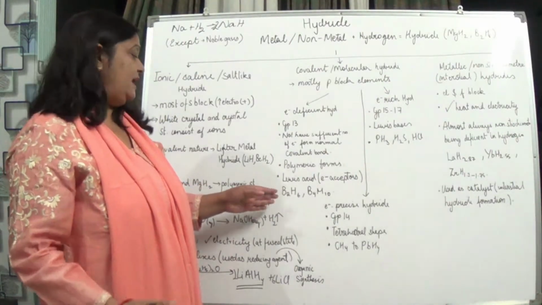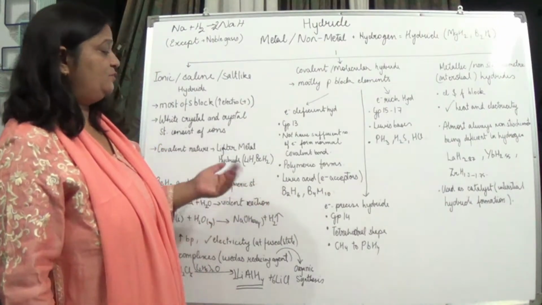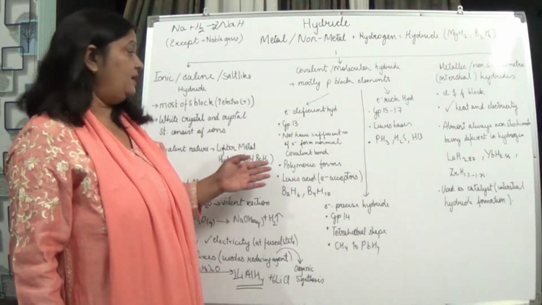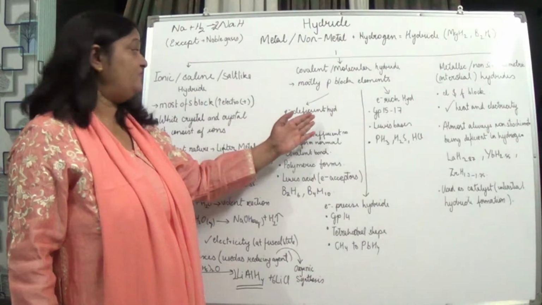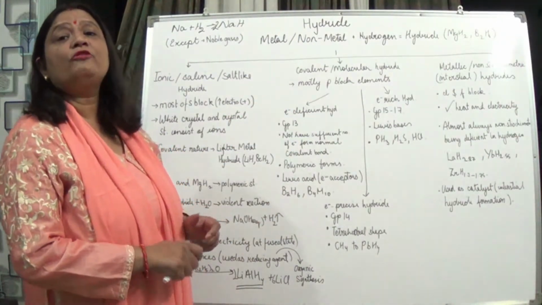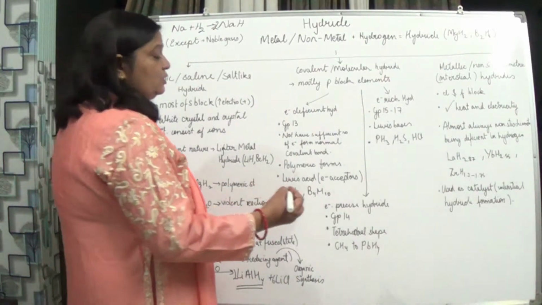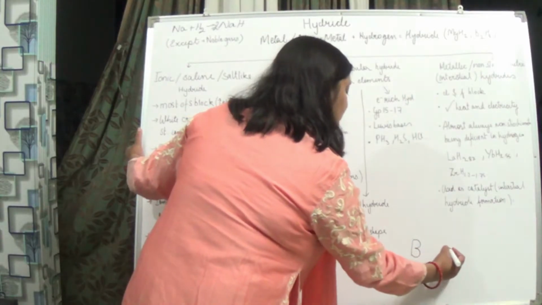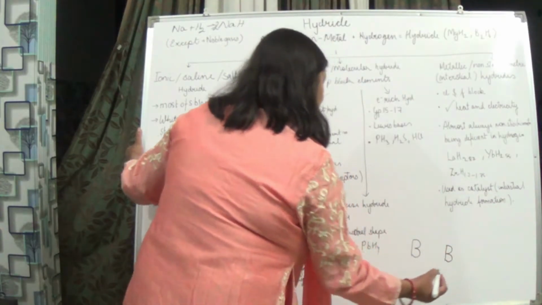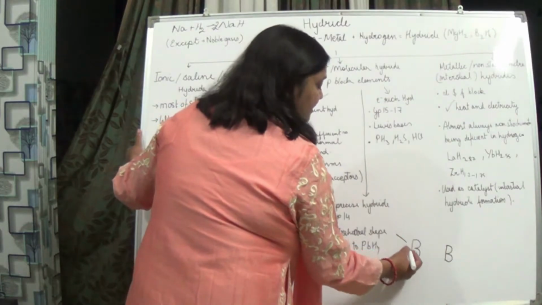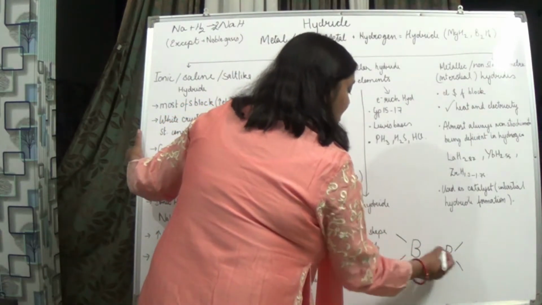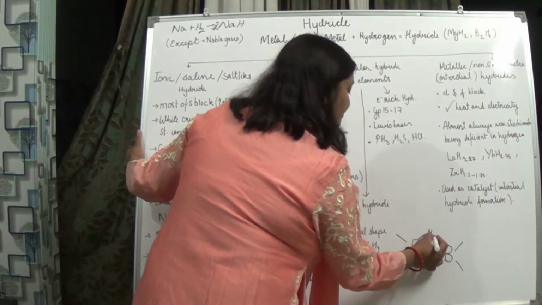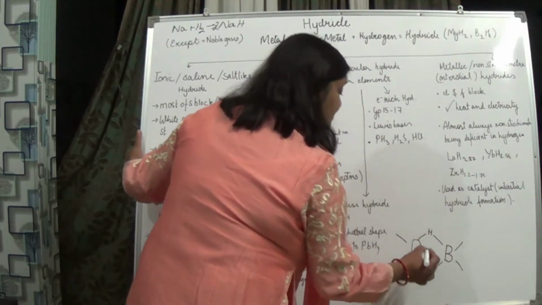Examples, like you can see over here, B2H6, B4H10. Let us understand this electron deficient hydride with the example of B2H6. Here we are seeing 2 boron, and 6 hydrogen is there. This hydrogen you can see over here is forming a bridge between these 2 boron atoms.